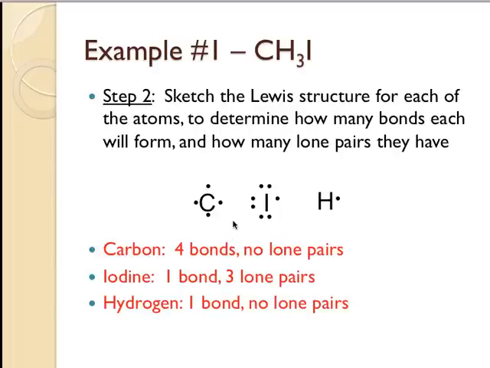Sketch the Lewis structure for each of the atoms to determine how many bonds each will form and how many lone pairs they will have. Typically, the atom that wants to make the most bonds is the one that goes in the center.